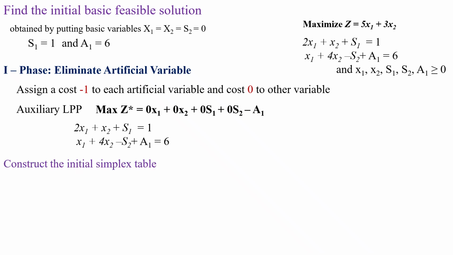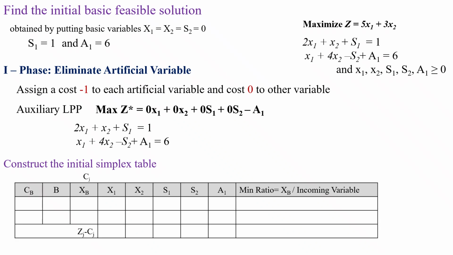Next we have to construct the initial simplex table. So this is the initial simplex table. Here B is the basic variables. Initially our basic variables are S1 and A1. CB is the cost coefficients. For S1, the cost coefficient is 0 and for A1, the cost coefficient is -1.